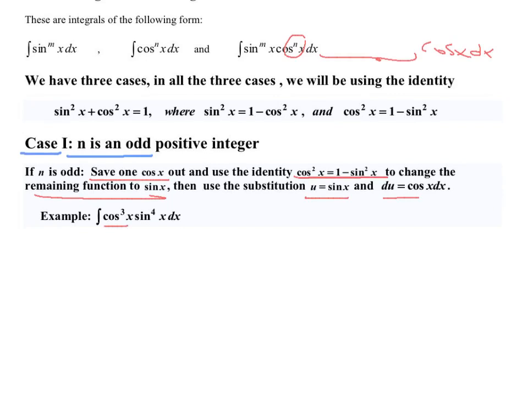Now here the power of cosine is odd, so we are going to hold or save one cosine x out, so this will become cosine squared x sine to the 4.